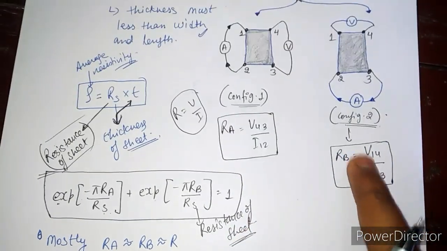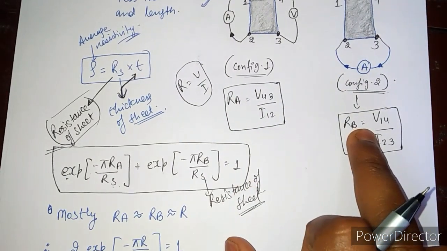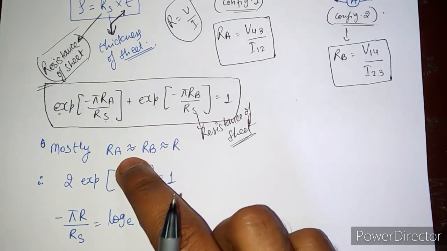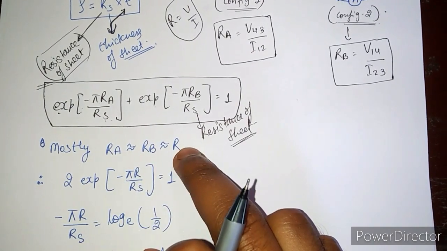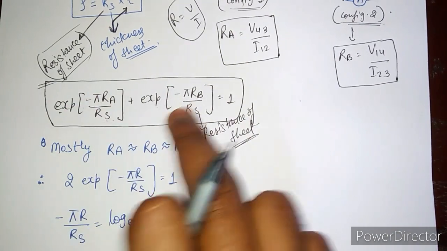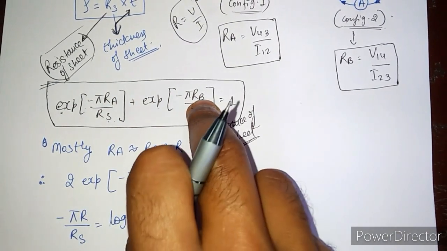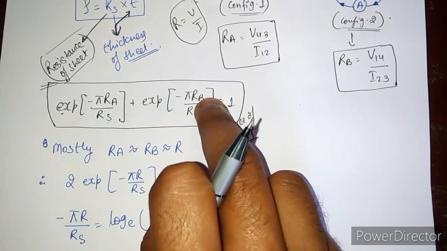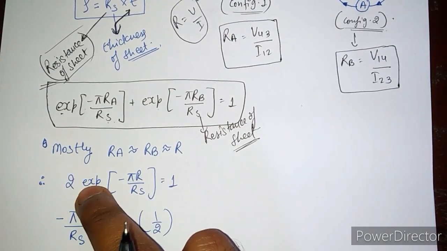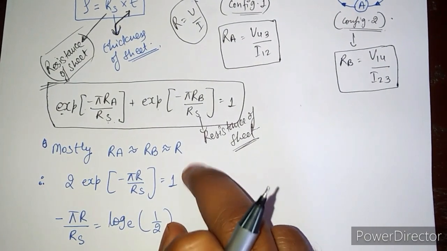These are Ra and Rb, and in many cases both resistances are nearly equal. So we take the condition that Ra and Rb are nearly equal to R, and when we replace this in the main van der Pauw equation, both terms become the same and we can write 2 e to the power minus pi R upon Rs is equal to 1.